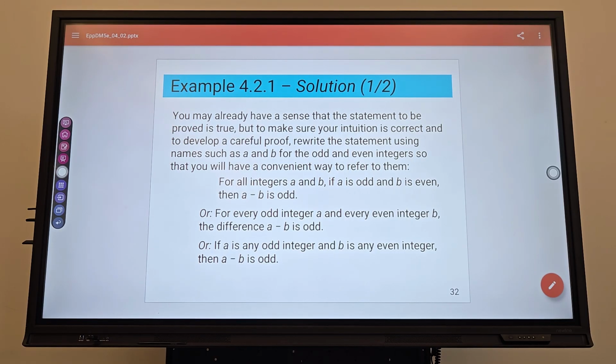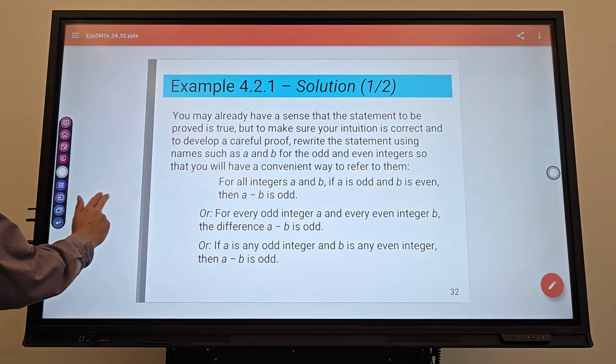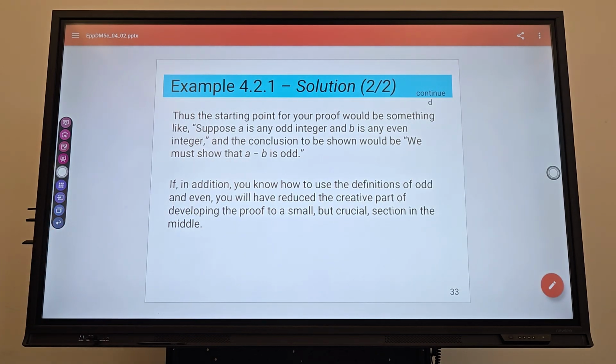For all integers a and b, if a is odd and b is even, then a minus b is odd, or different variations of that. So the starting point should be something like, suppose a is any odd integer and b is any even integer. And the conclusion to be shown would be, we must show that a minus b is odd.